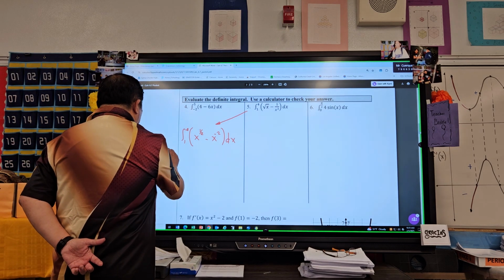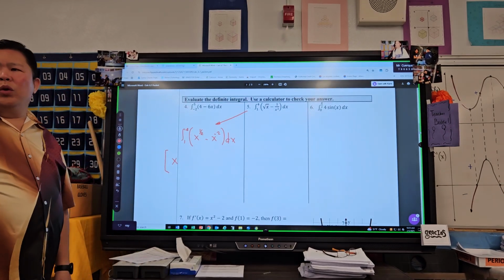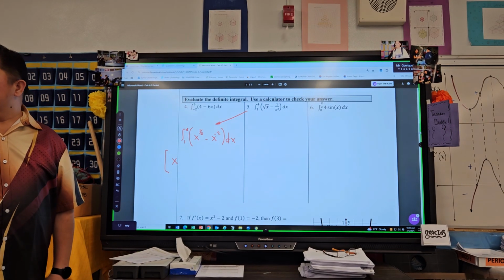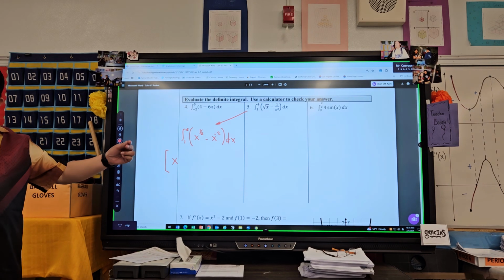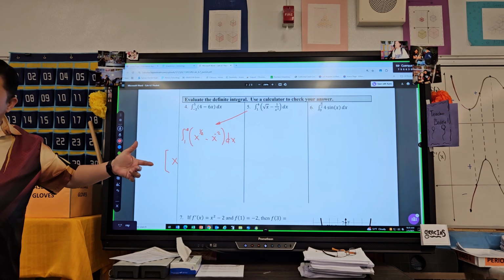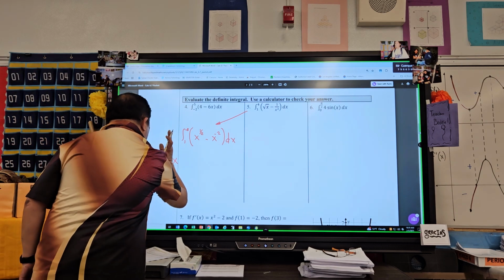So let's take a look at this. x to the 1/2 plus 1 is 3/2, right? 3/2 over 3/2. But do I have to write 3/2 at the bottom? Flip right away into 2/3.